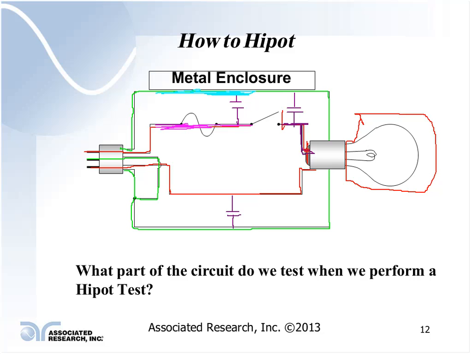So if we set the current trip to 2 milliamps for a maximum allowable current trip, if anything goes goofy within the product, I will typically know about it as a result of doing this test, okay?